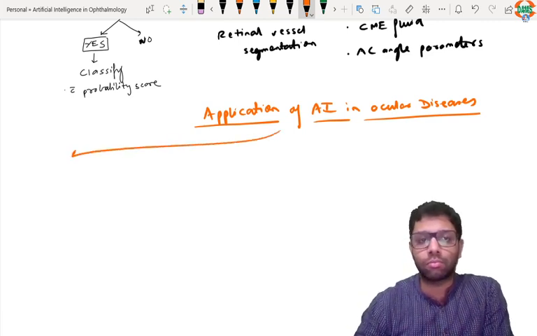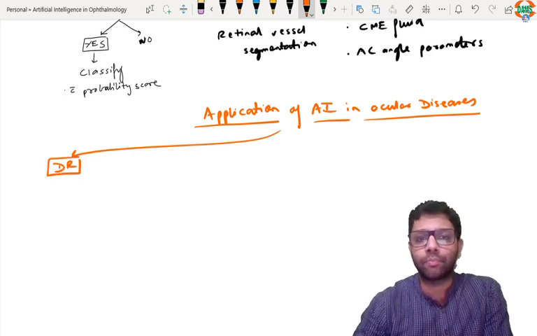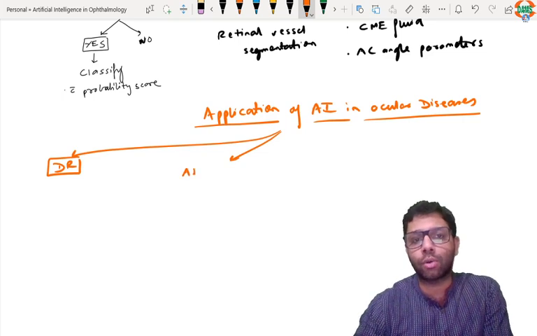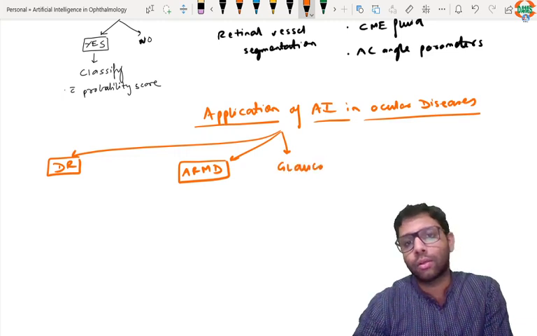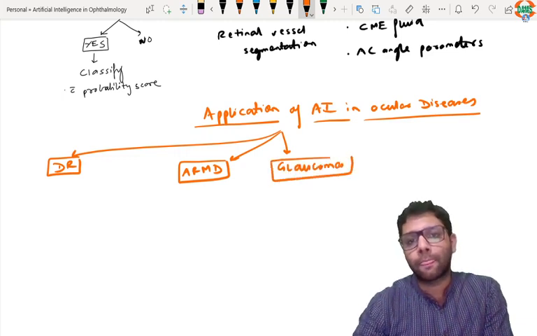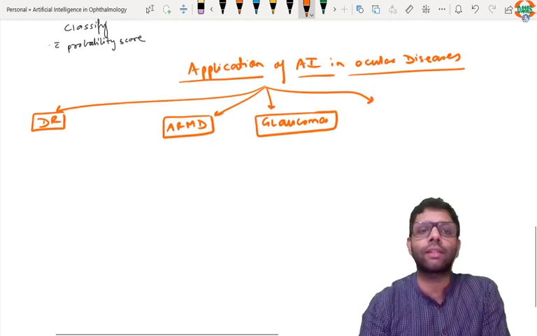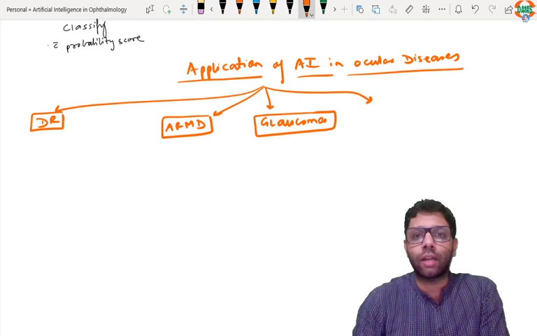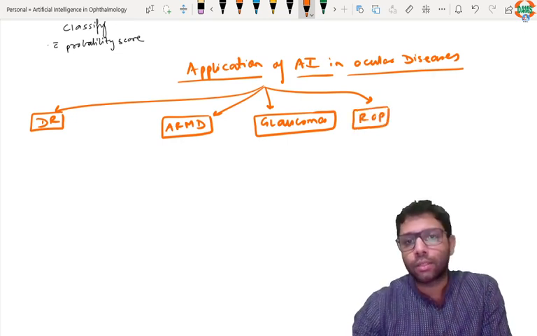First example, for example, diabetic retinopathy. Then some points you can write about ARMD. Then glaucoma. This is also like telemedicine, you can write like this, because telemedicine is nothing but artificial intelligence only. Even in ROP it is coming up.